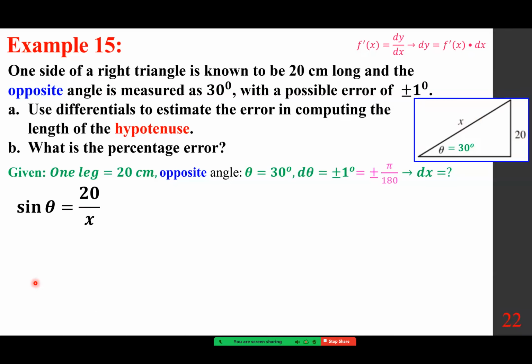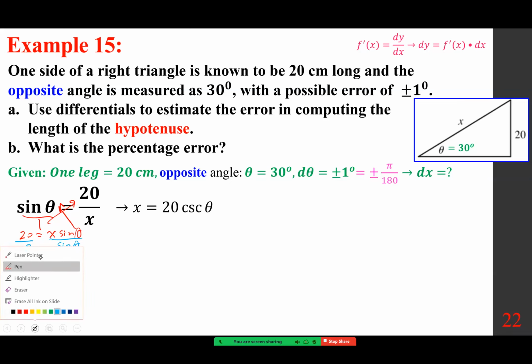So 20 equals x sine theta, or x is 20 divided by sine theta, or 20 cosecant theta.